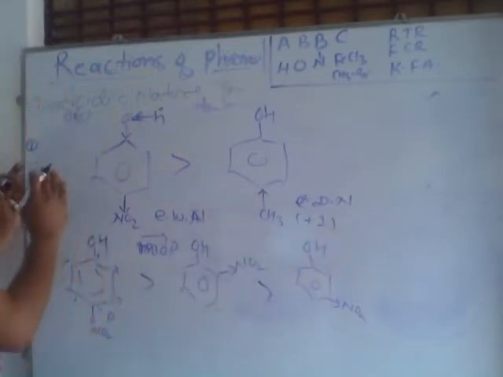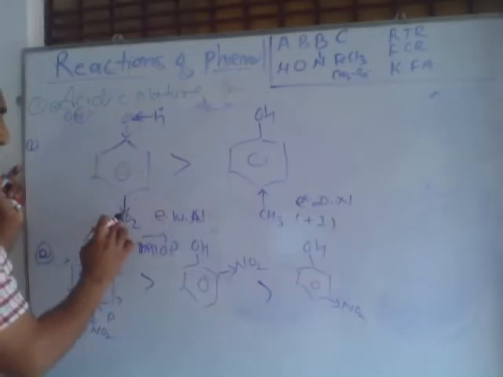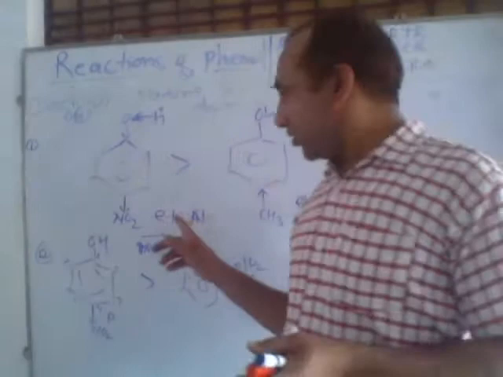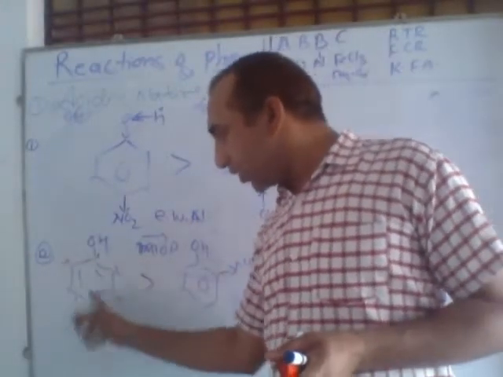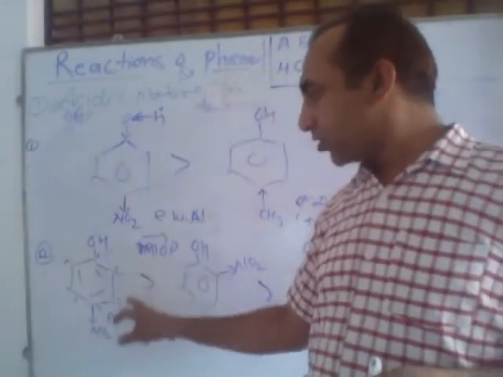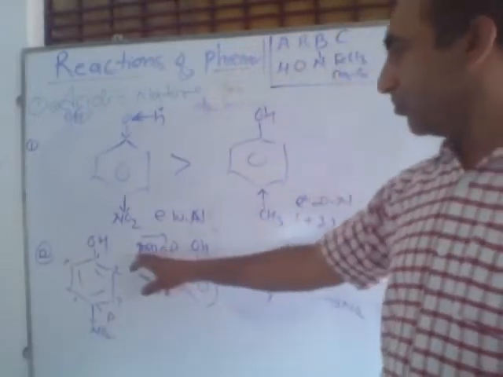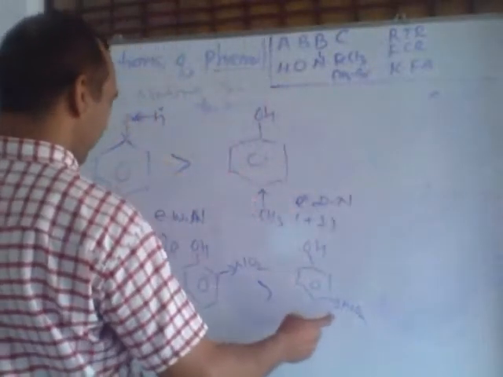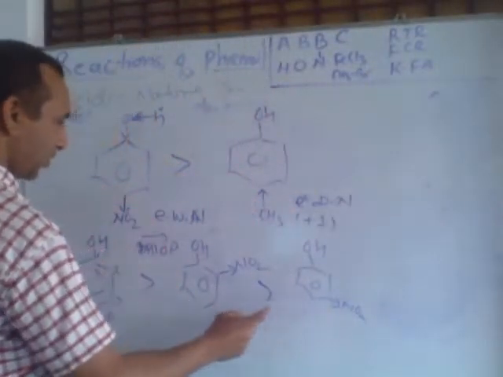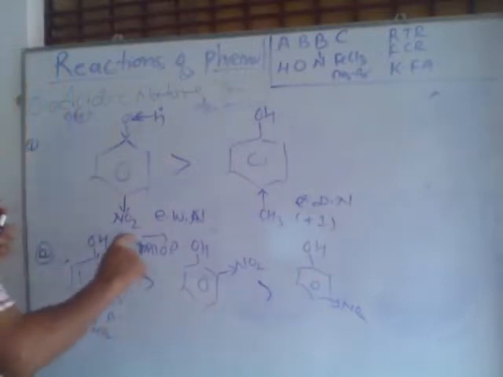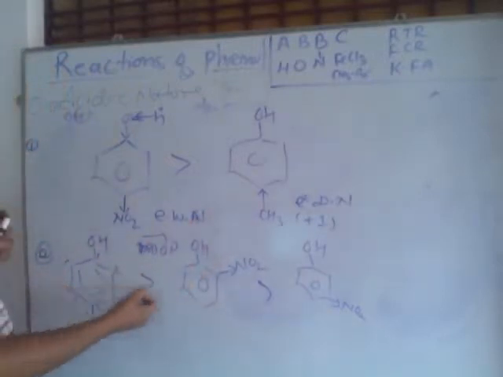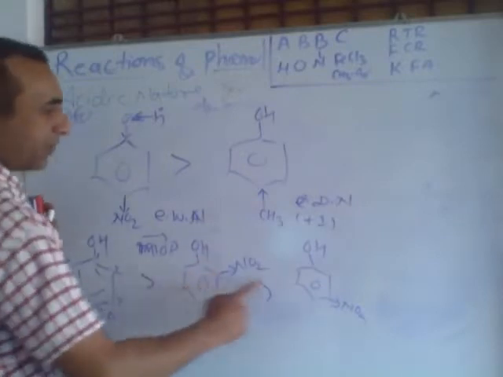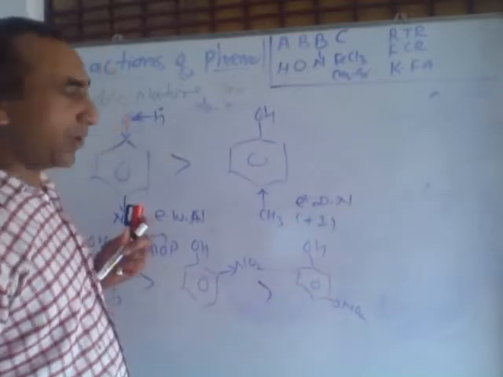So first we observe the nature of the group, electron donating or electron attracting. And the second condition is the location of this group, on ortho, para, or meta. So the order is MOP, meaning meta, ortho and para. This is the increasing order. Para is stronger, ortho is less strong, but meta is least strong.